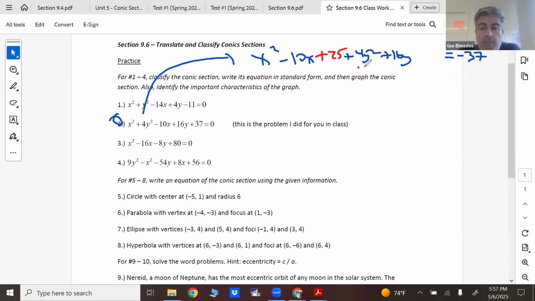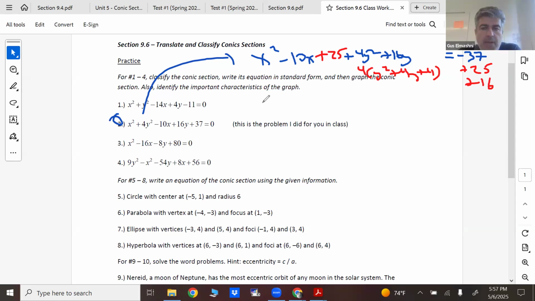But here you gotta be a little careful. You gotta pull out the 4 first. Then take half of 4 and square it, which is 4. But really what you're introducing is 16. So you have to add 25 and 16 to this side. Because if you distribute the 4, you do get 16.